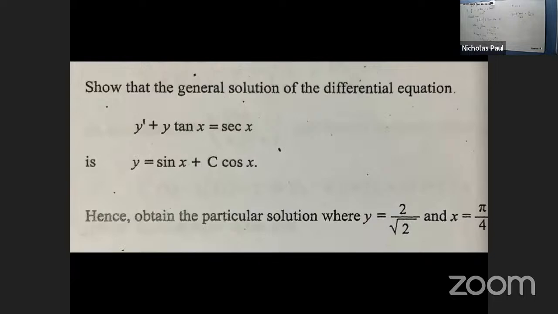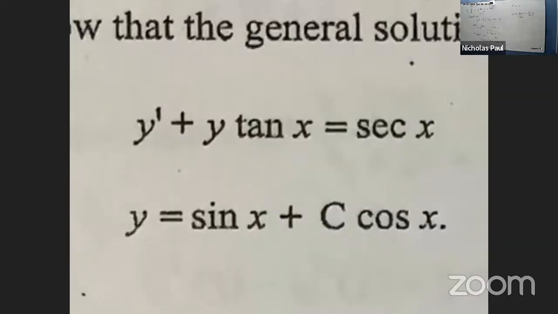Yeah, plus differential, dy dx. Take your time, follow the steps, right?